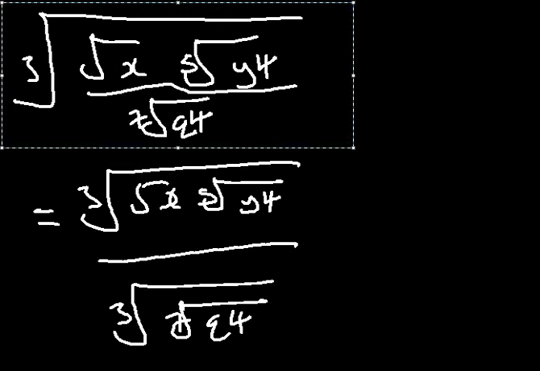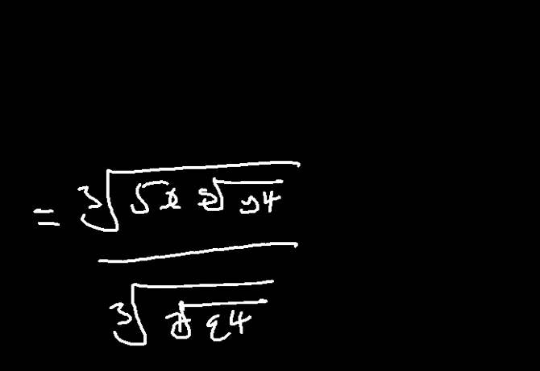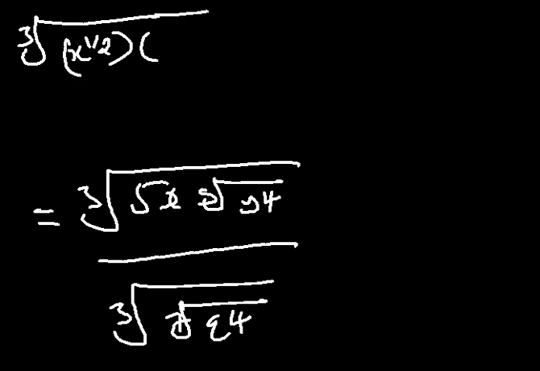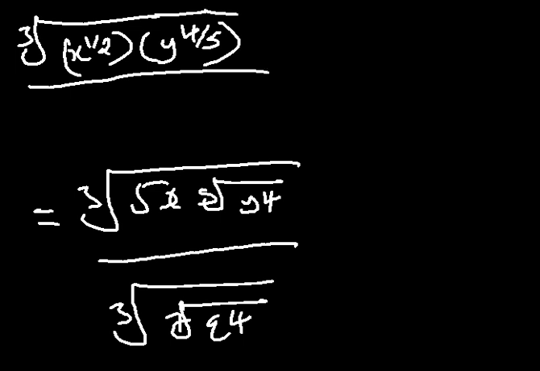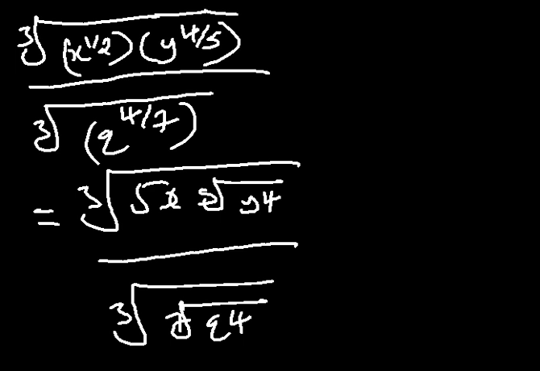Now as it stands, this is the same as the cube root of x to the power half times y to the power 4 over 5, divided by the cube root of q to the power 4 over 7. So bear that in mind.